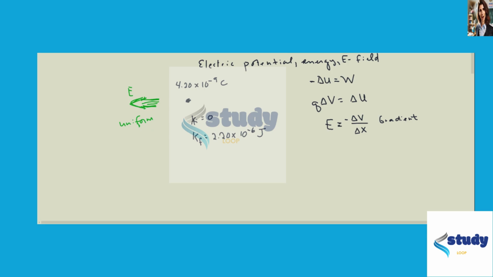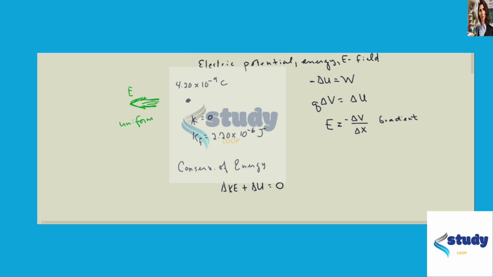Okay, so what we know about this charge is that it started from rest and acquired a kinetic energy of 2.2 times 10 to the minus 6 joules. Through conservation of energy, we know that the change in kinetic plus the change in potential energy both have to add up to 0.